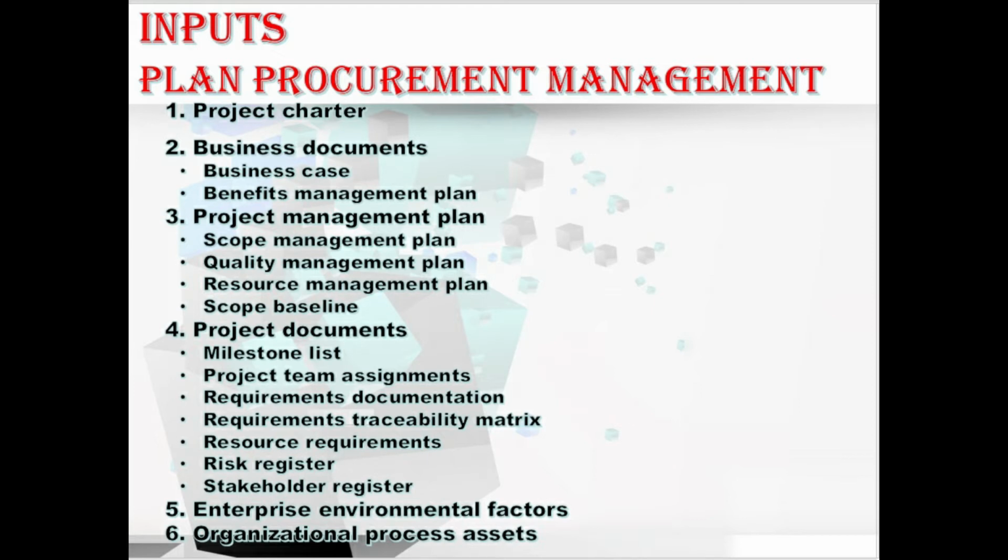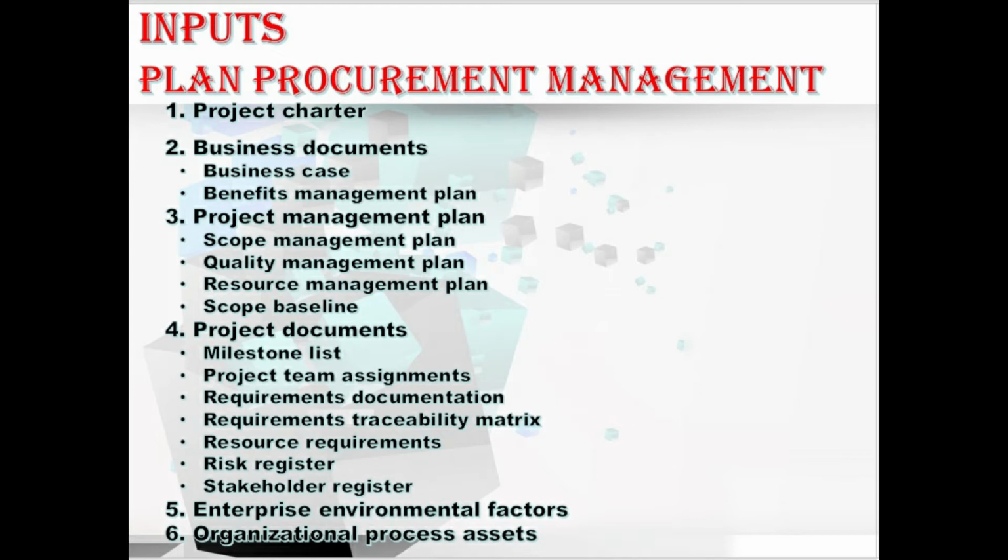It may also include the established multi-tier supplier system of pre-qualified sellers based on prior experience, and the financial accounting and contract payment systems, etc. So all this has to be considered as part of the EEFs. Hope you understood this input.